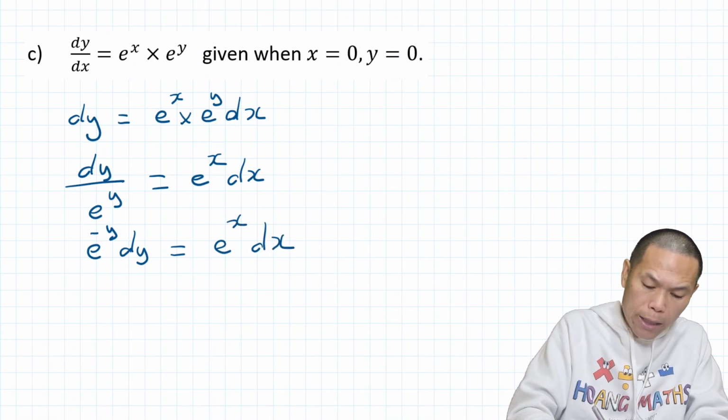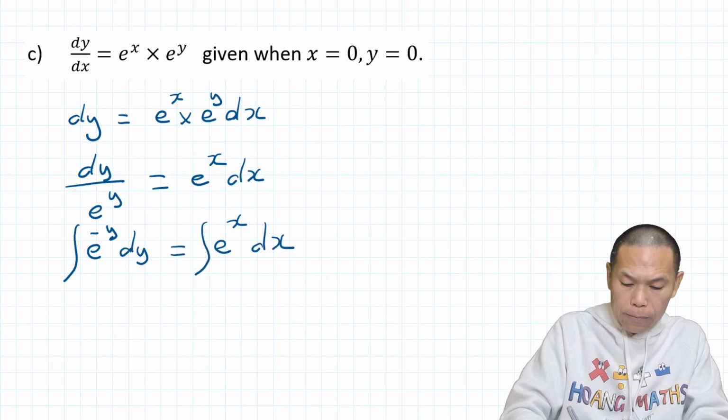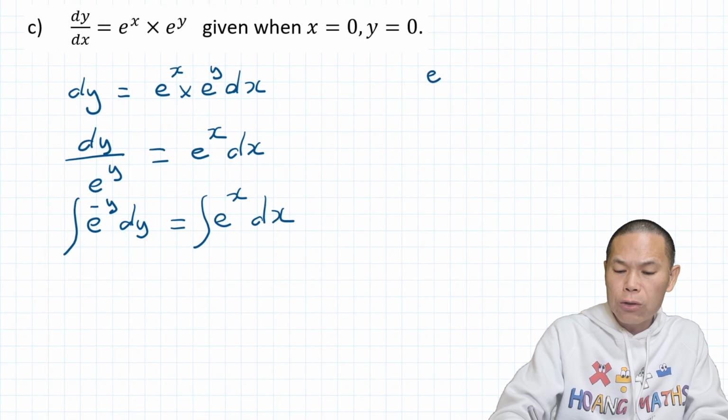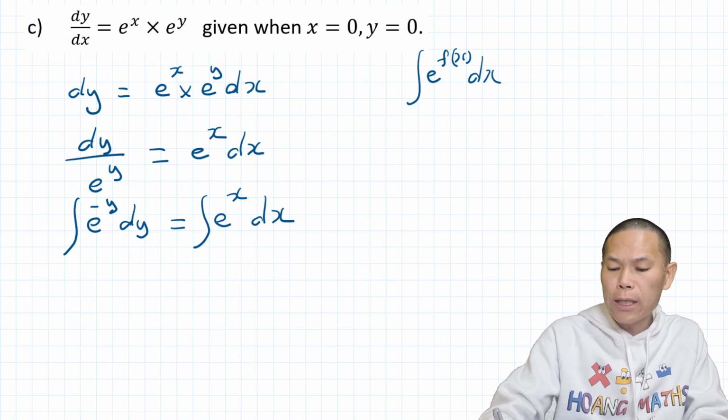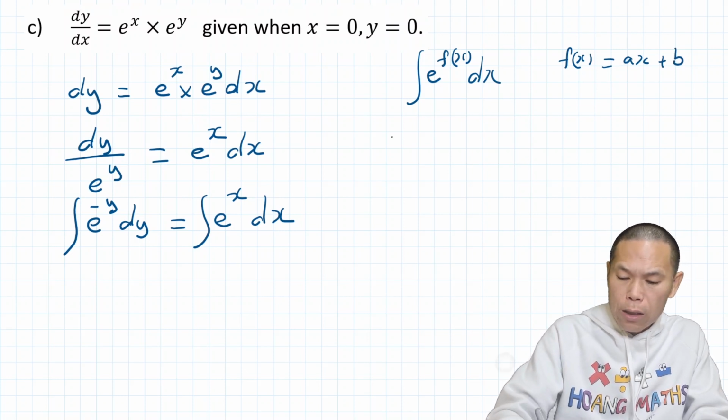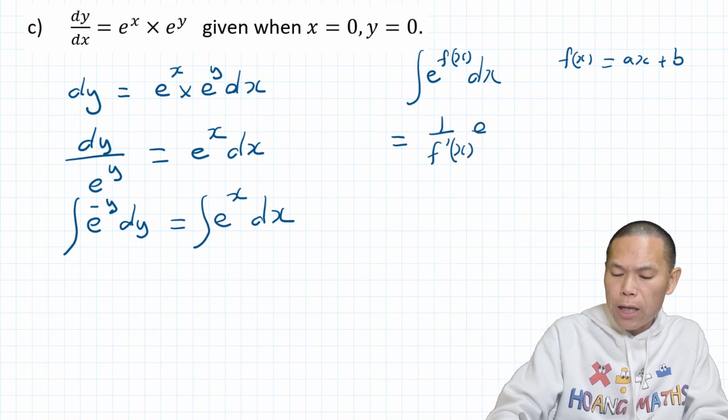Now I integrate both sides. Don't forget, if we have e to the f of x, and f of x is a linear function, keep that in mind. When we integrate this, it gives us 1 over f dash x times e to the f of x plus a constant.